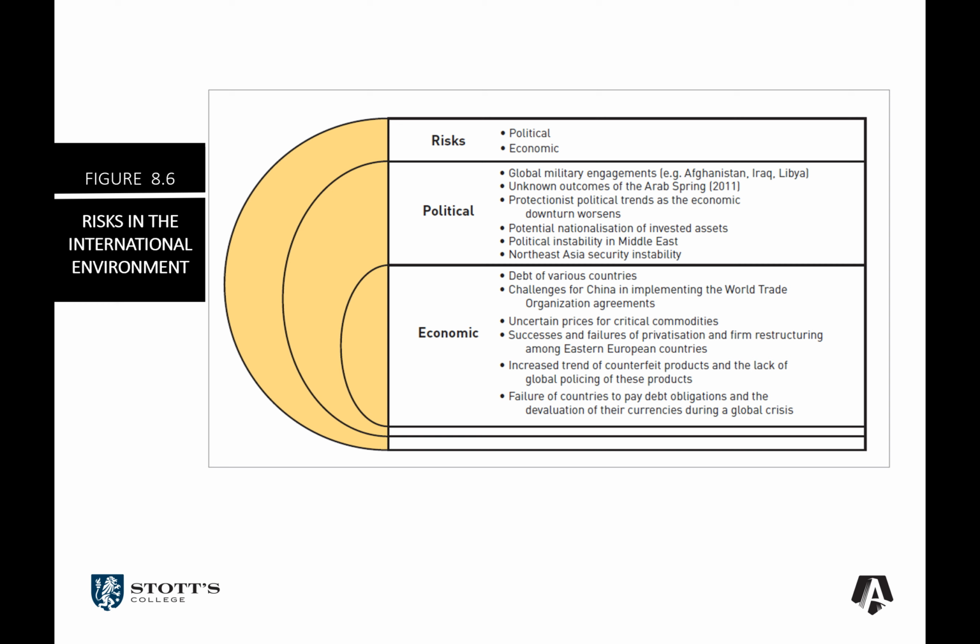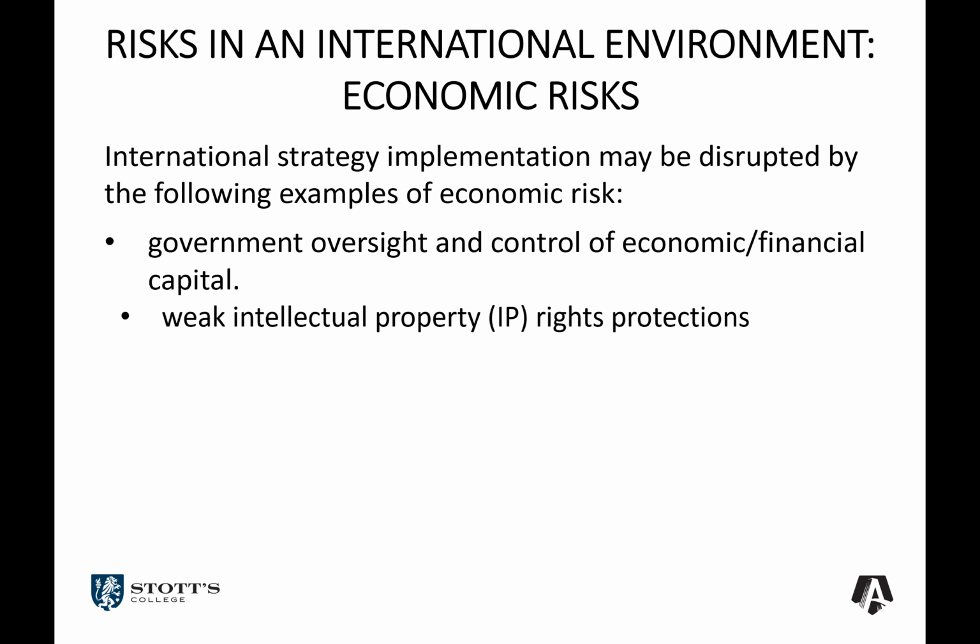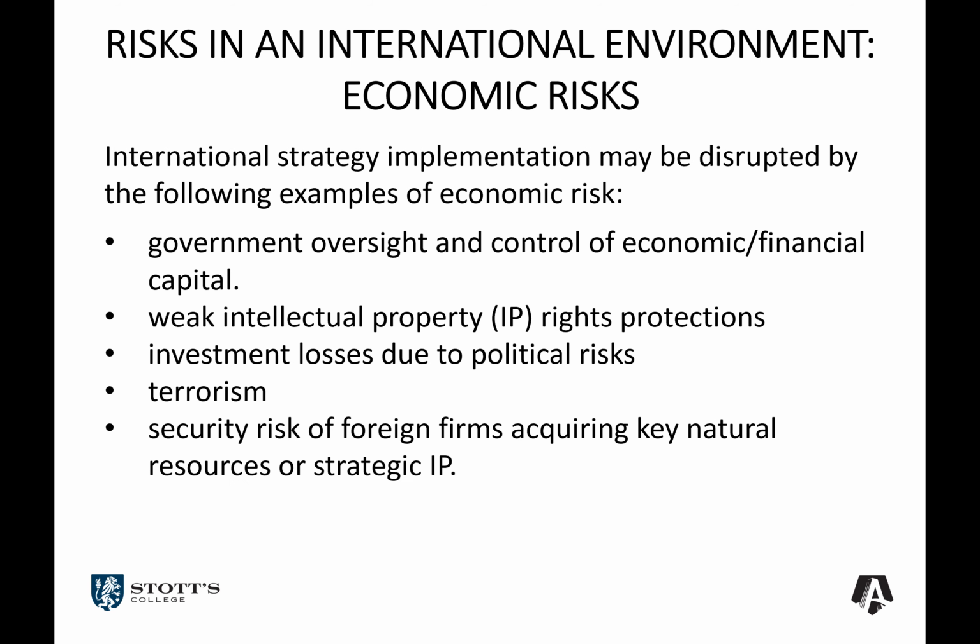So how does that affect the way we implement international strategy? Well, government oversight and control of economic capital, weak intellectual property protection, investment losses due to political risk, the threat of terrorism, and the security risk of foreign firms acquiring key natural resources or strategic intellectual property.